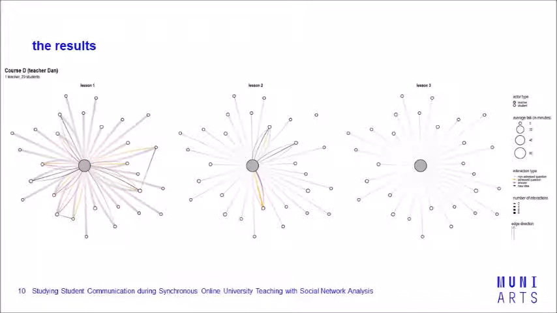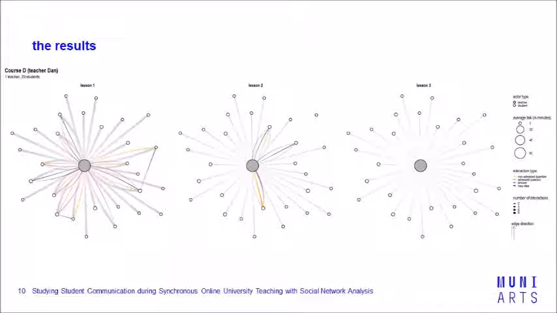Now we're looking at course D. Course D resembles courses A and B, in which it's clearly teacher-centered. In the first lesson we can see a lot of non-addressed questions directed from teacher to students. We can also see some spontaneous interaction between the students, as in all the previous courses.